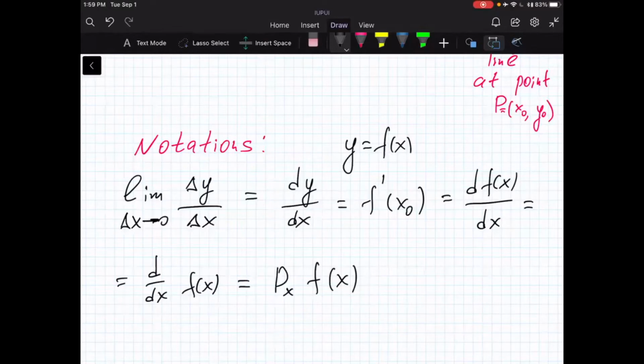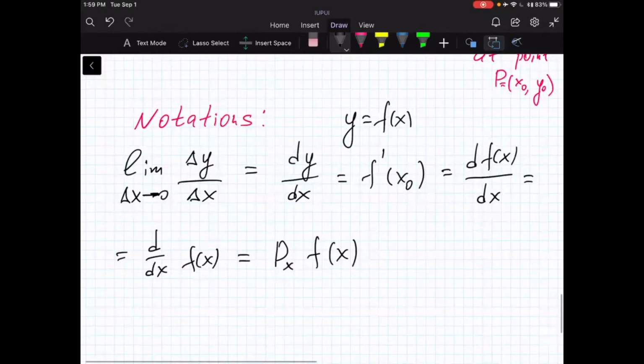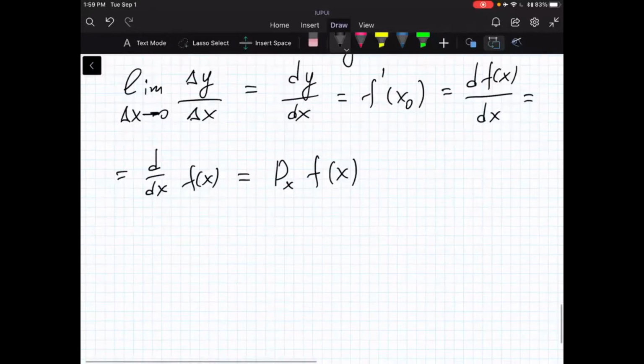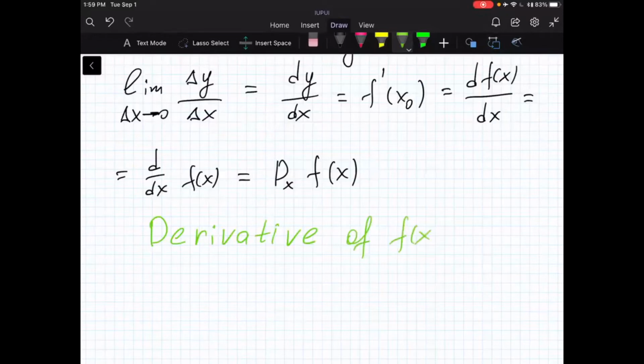And all of these expressions are called the derivative of f at a point x naught.